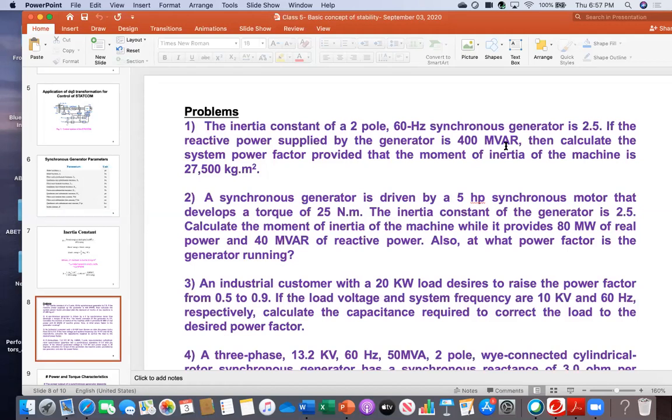From there you get omega, then convert into RPM. The rest of the information is given very similar to number one, and again the same question: find the power factor of the generator. Just do it, and next time we will discuss.